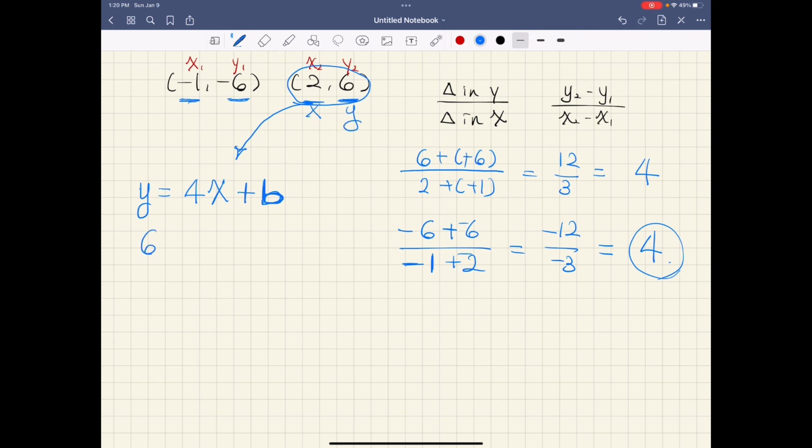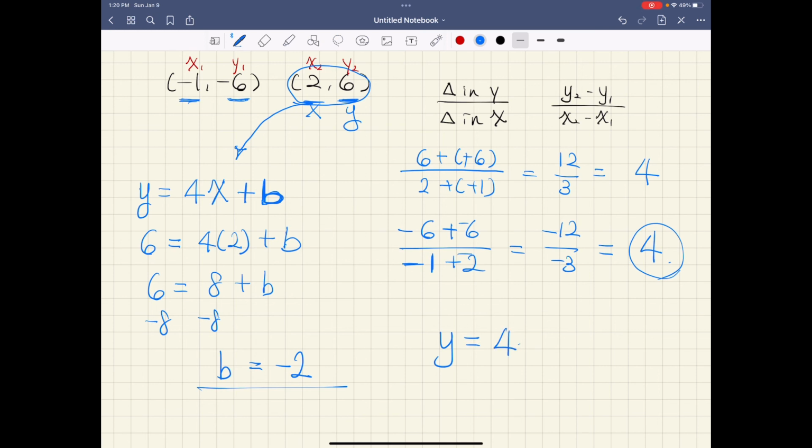So 6 is equal to 4 times 2 plus b. 6 is equal to 8 plus b. And your b is equal to -2. So y is equal to 4x minus 2. It's going to be the slope-intercept form of this. That's it.